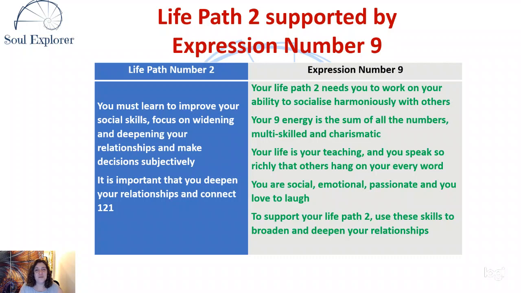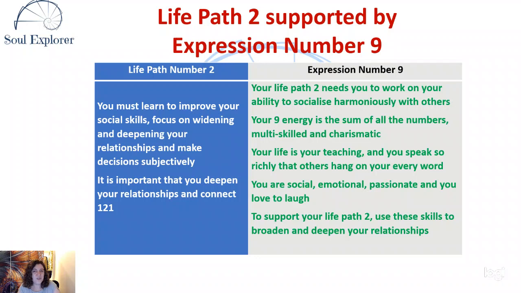You have the ability to be very passionate about what you do, and you love to laugh and socialize. You know, you can be a cheeky little practical joker at times, like the 3. So to support your life path 2, use all the skills that I've just mentioned in the 9 energy to help broaden and deepen your relationships so that you're around people a bit more on a deeper level.